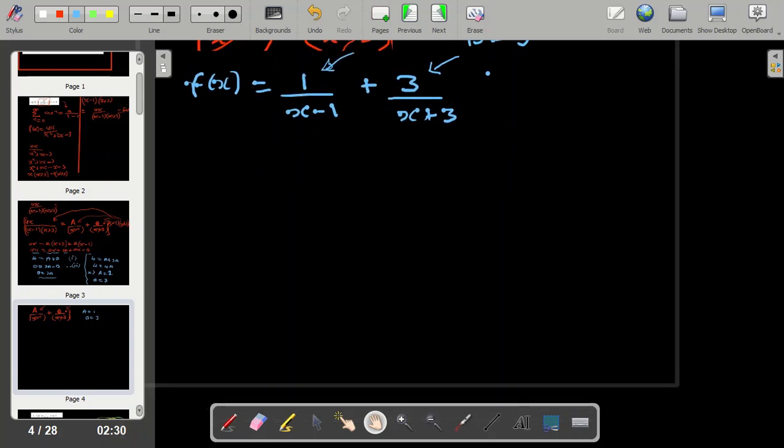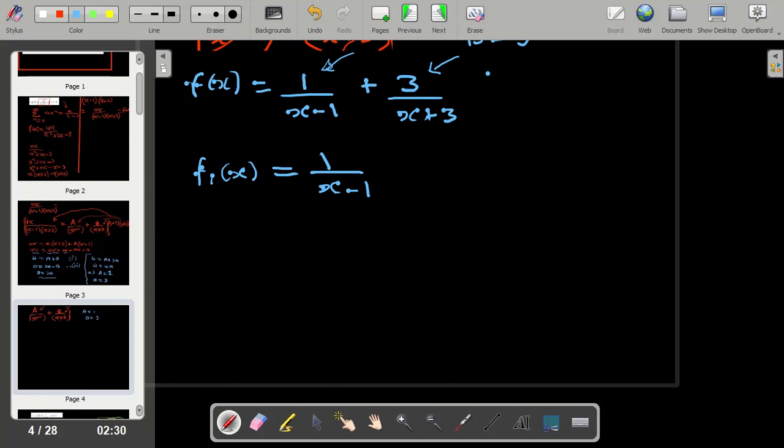So for the first one, let's call this f1 of x. So our f1 of x will be equal to 1 over x minus 1 there.